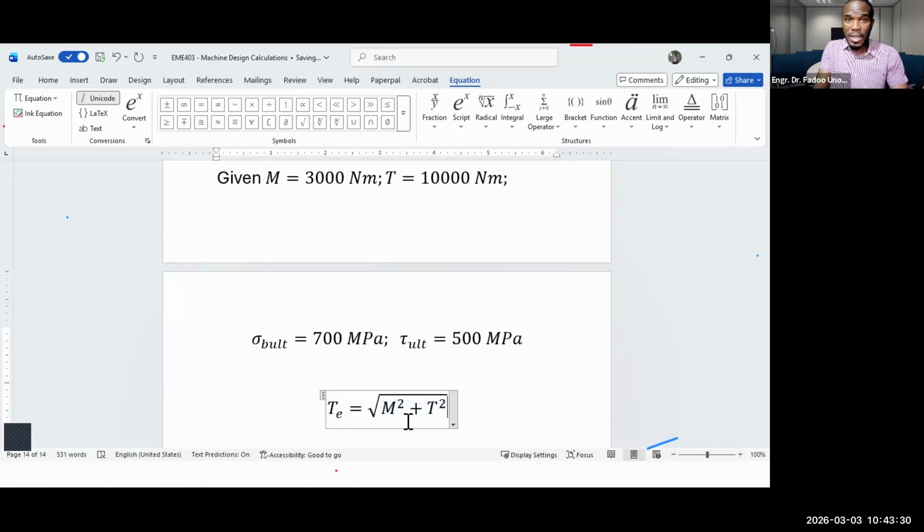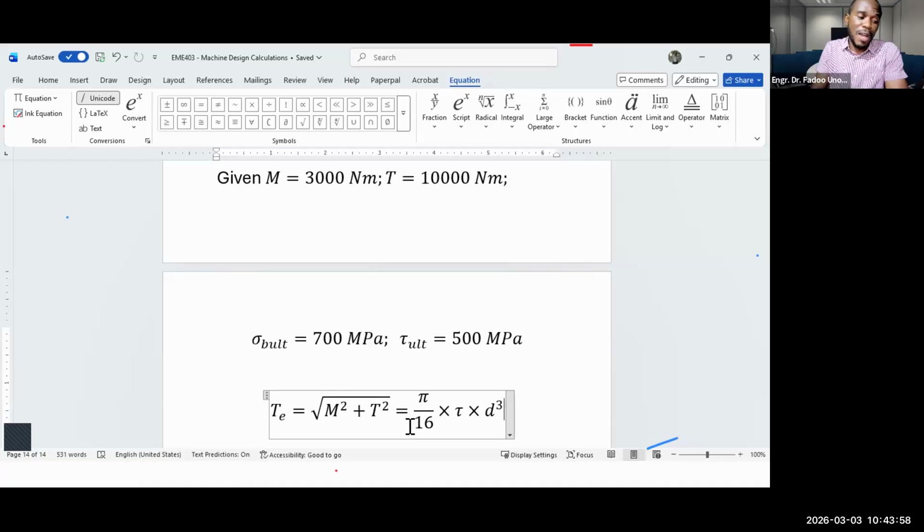And that is the same thing as pi divided by 16 times our maximum allowable shear stress times d raised to power 3. That's what this is.